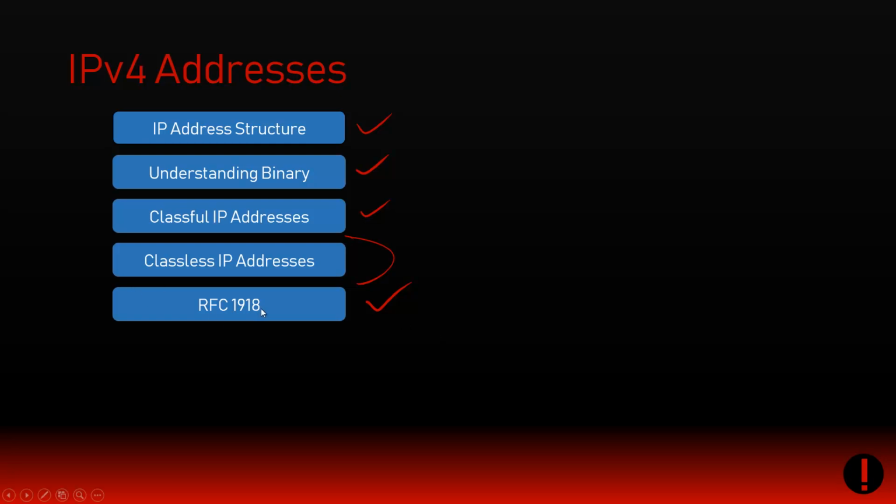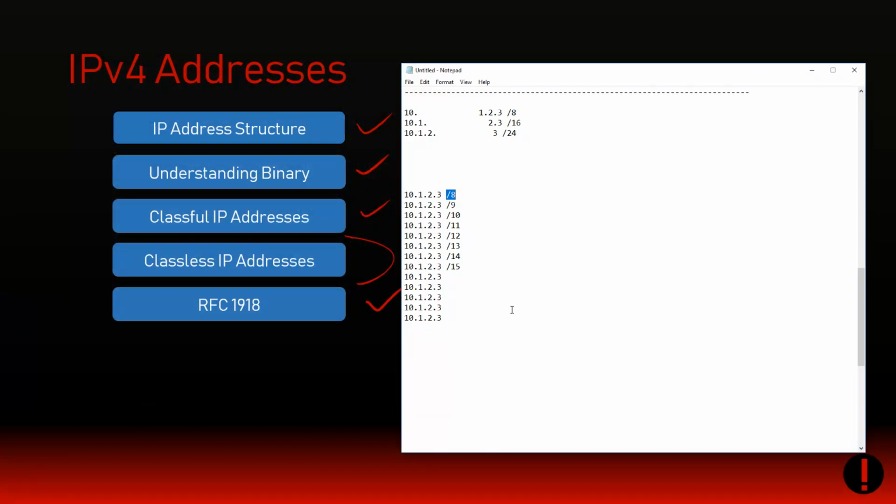But RFC 1918, this is a pretty short section. It's nothing too hardcore. One of the things that I had mentioned in the previous video was that we had to come up with a whole bunch of clever tricks to allow the longevity of IPv4. So how can we come up with ways to allow us to reuse IP addresses?